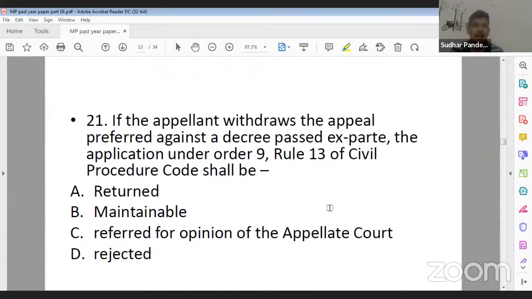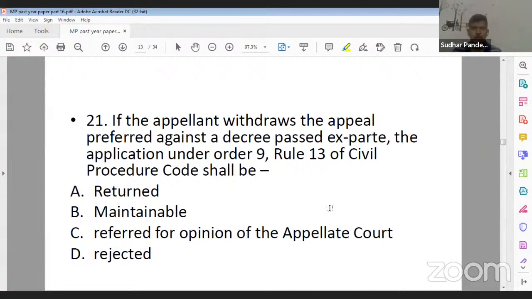Now, question 21. If the appellant withdraws the appeal preferred against a decree passed ex parte, the application under Order 9, Rule 13 of C.P.C shall be option A, returned, option B, maintainable, option C, referred for the opinion of the appellate court, and option D, rejected.